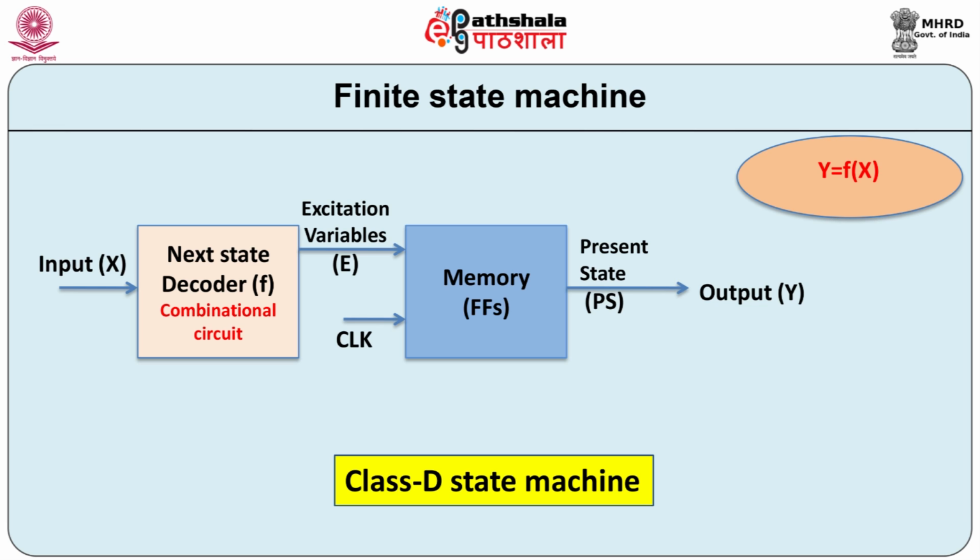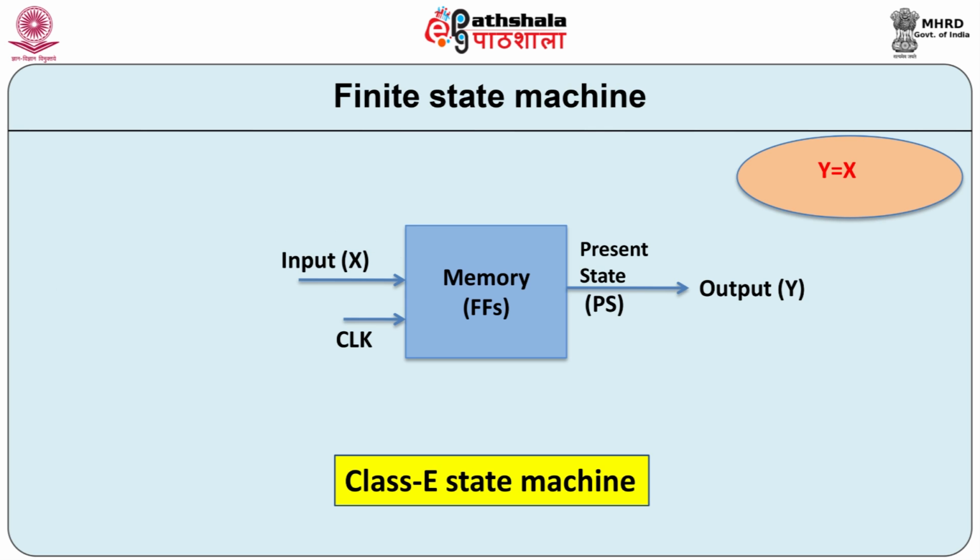Example of such circuit is a presettable counter, where starting value of a counter is decided by the external input. Another example of class D machine is the lookup memory. The class E state machine is the simplest sequential circuit model consisting of only the flip flops as the memory element without any combinational circuit. Ripple counter can be considered as the example of class E state machine.